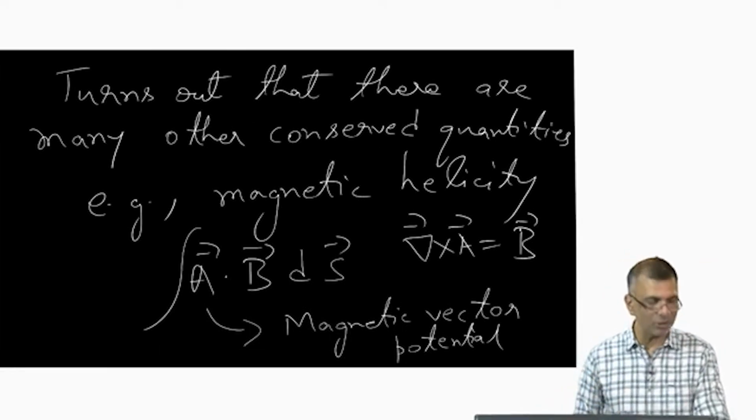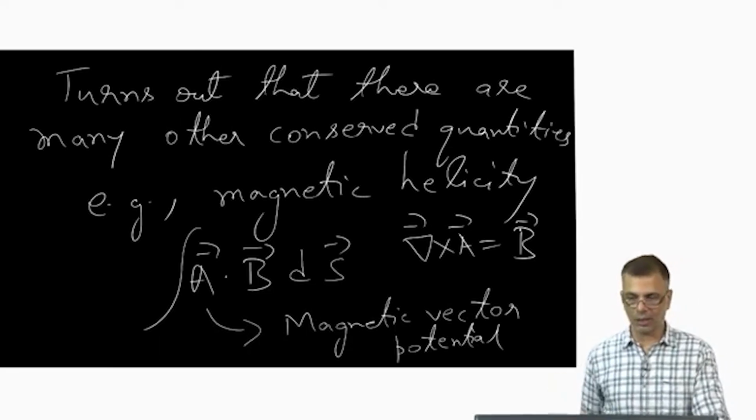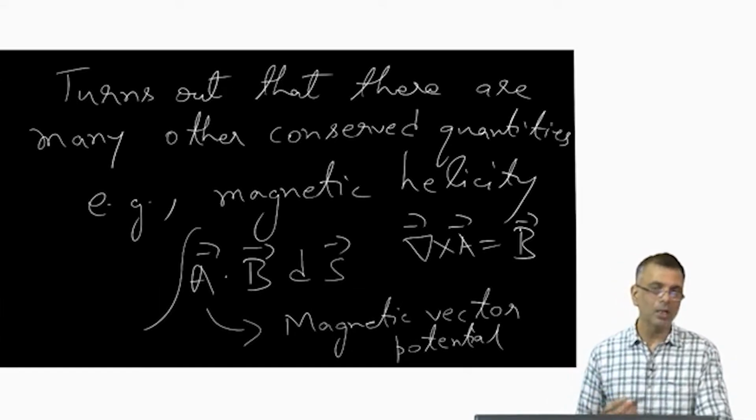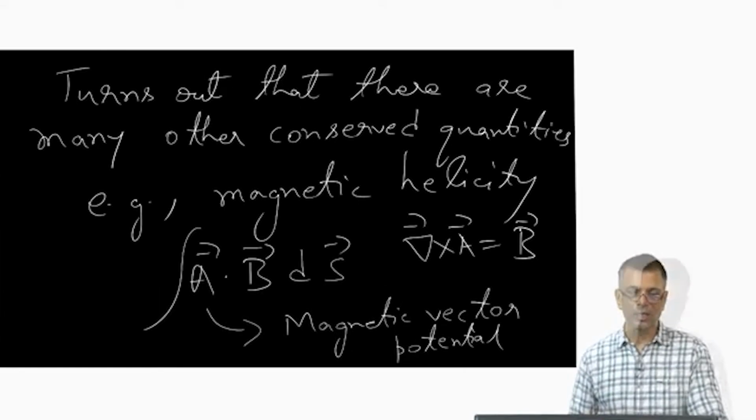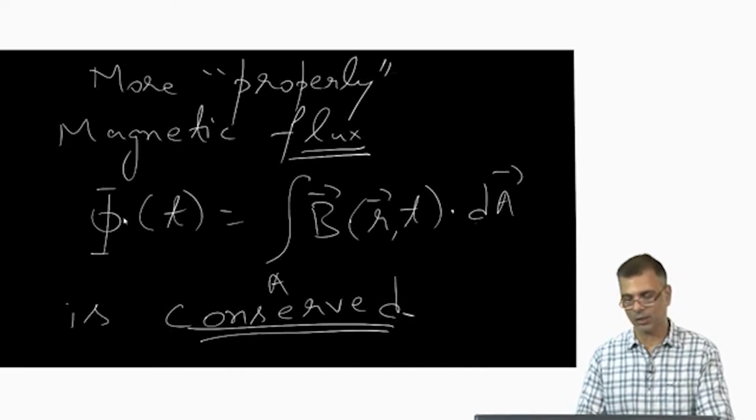It turns out this is also something that is conserved. There are many other quantities in MHD that are conserved. We will concentrate our attention right now just on the magnetic flux.